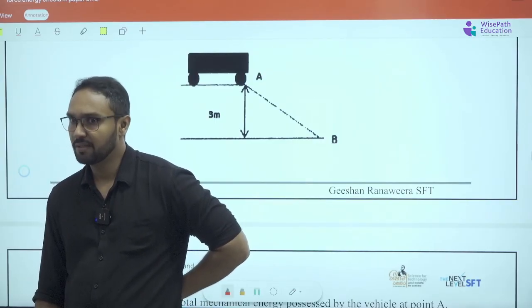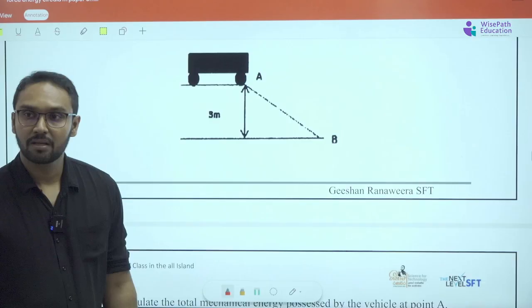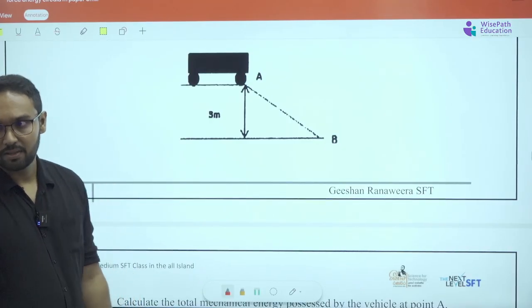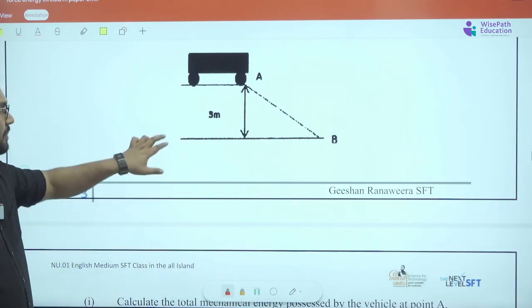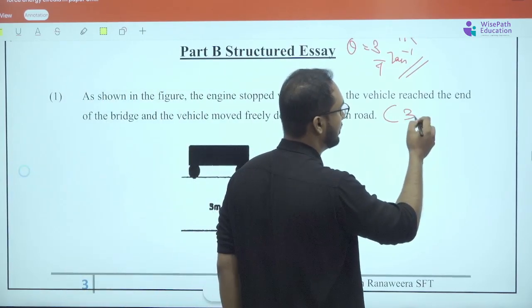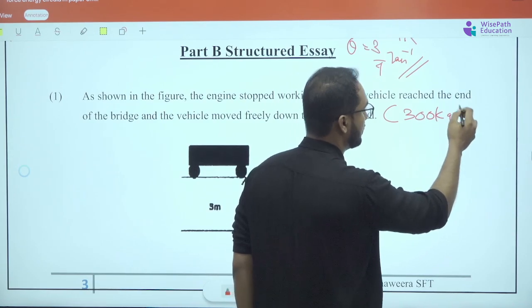So how do you find the potential energy? I gave you the mass, 300 kilograms.